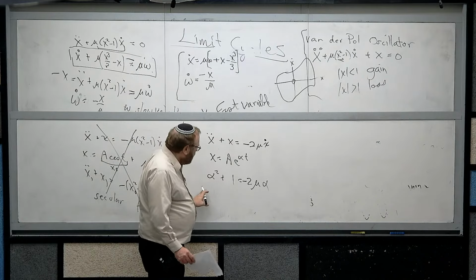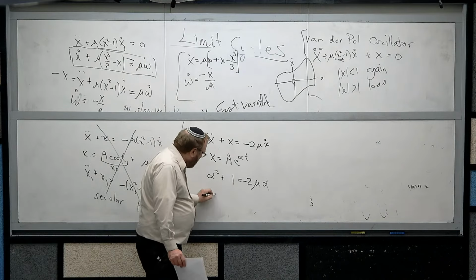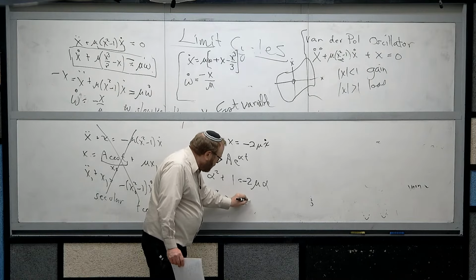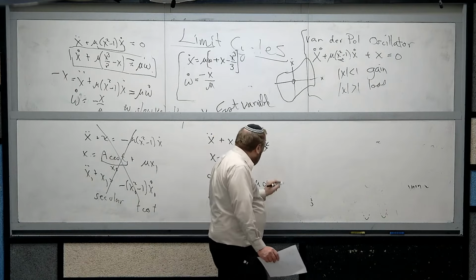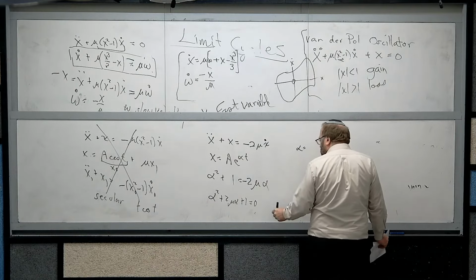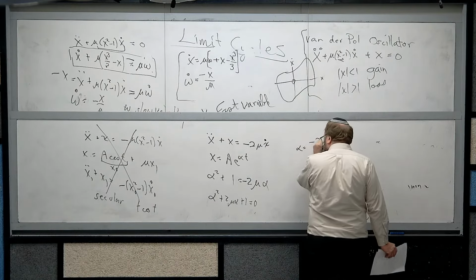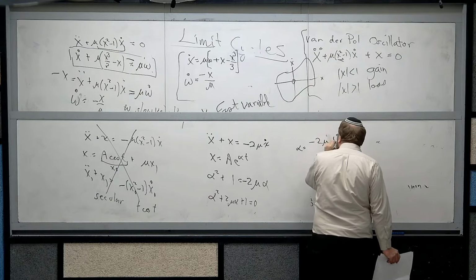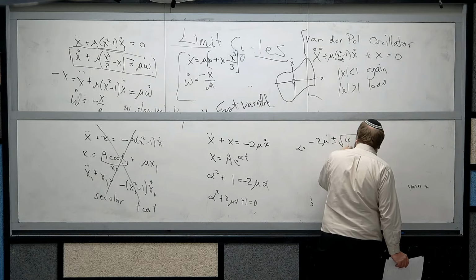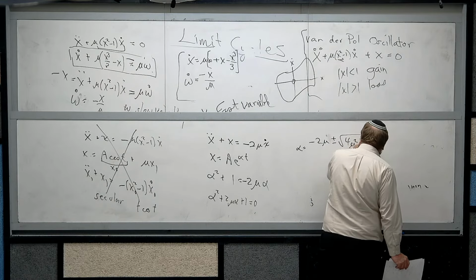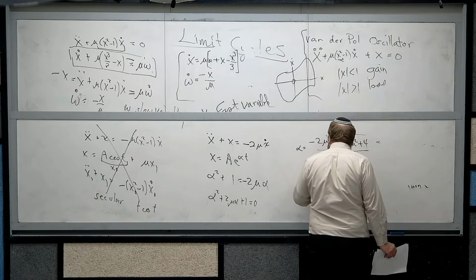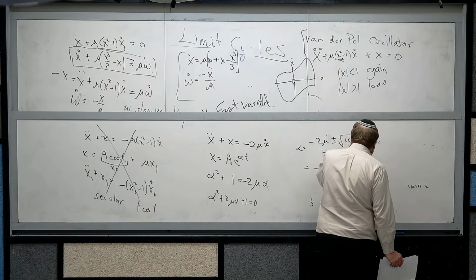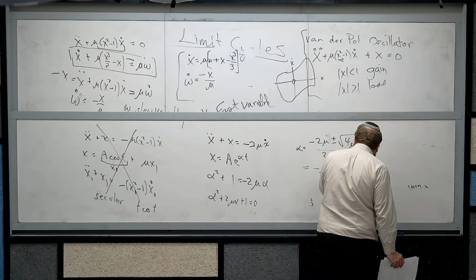So now I have alpha squared plus 2 mu alpha plus 1 equals 0, and therefore alpha equals minus 2 mu, plus or minus the square root of 4 mu squared minus 4, over 2, which is minus mu plus or minus the square root of mu squared minus 1.